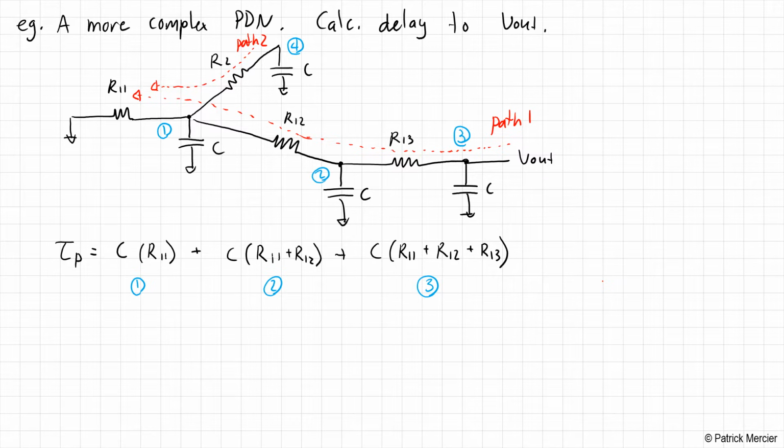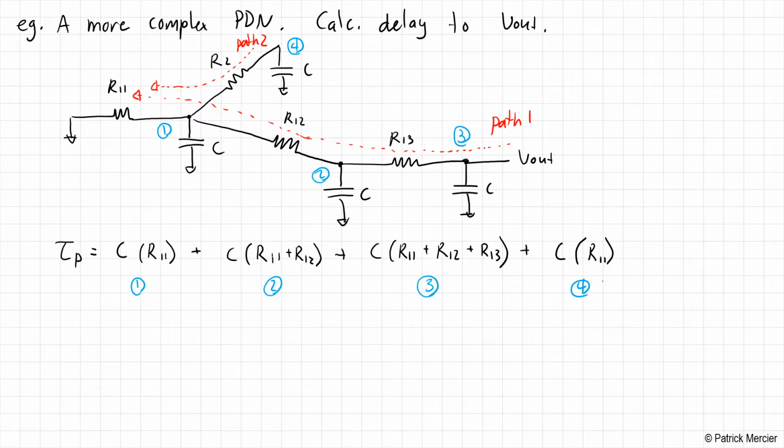Now here's where it gets tricky. We say that node 4 has C of capacitance, and from node 4 to ground it has R11 plus R2. However, according to the Elmore delay model, we don't have to include R2 in this Elmore calculation. The reason is that it is not on the shared path to the output. So we don't really care what happens at node 4.